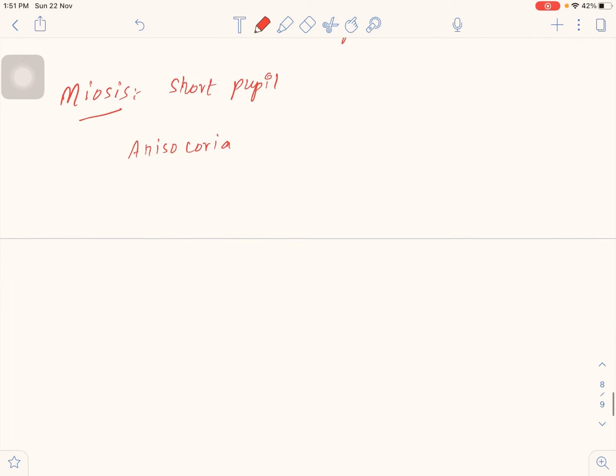So next, coming to anhidrosis. Because sympathetic fibers supply the sweat glands of the head and face ipsilaterally, this also gets affected if the sympathetic pathway is affected.